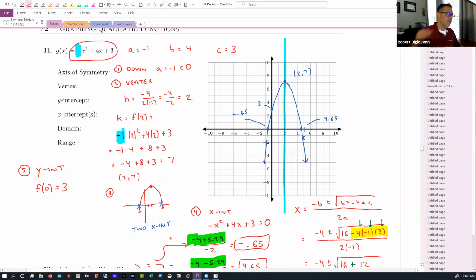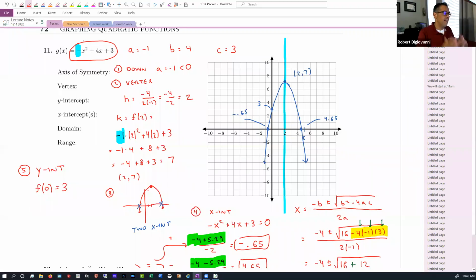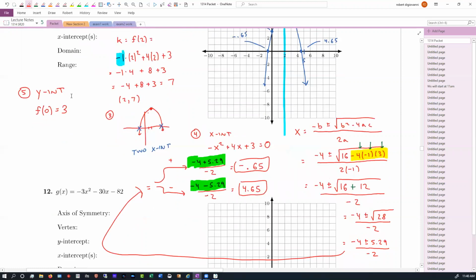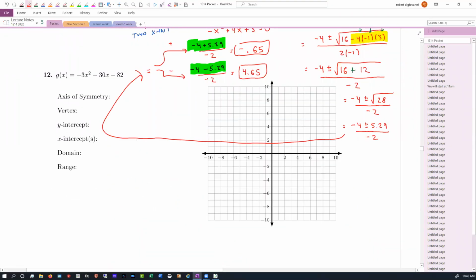For the Y-intercept, you're always plugging in 0 every single time. To find the X-intercepts, you set the function equal to 0, right? To find the Y-intercept, you plug 0 into the function. So those are 2 different things. So that makes sense. You got it? Okay.